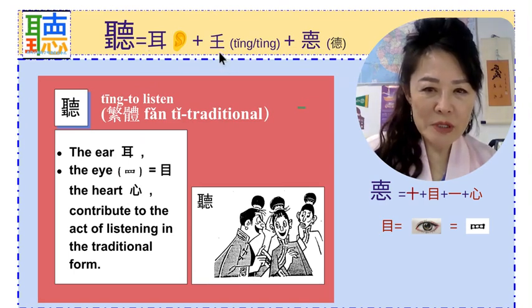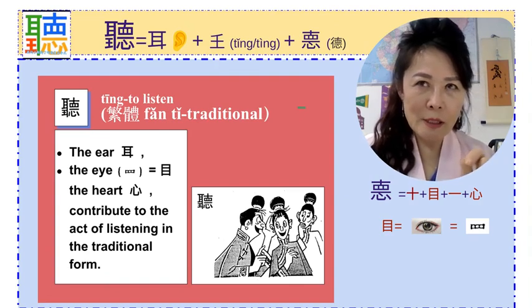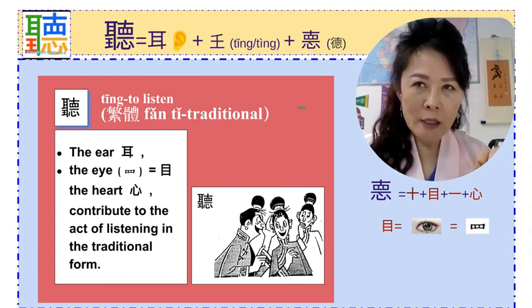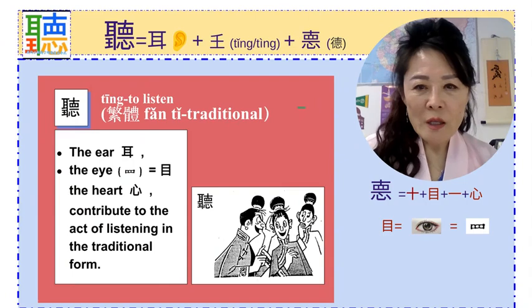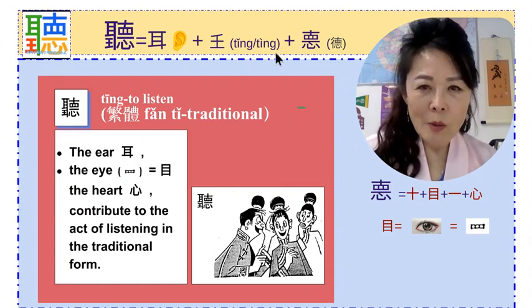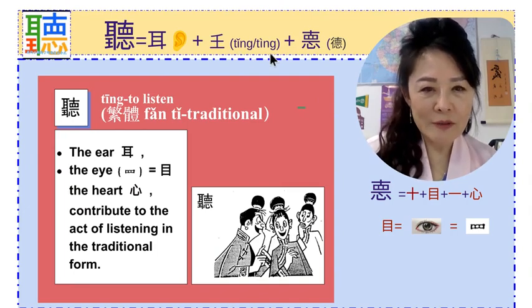But in the contemporary sense, sometimes it's written like a 王, like a slanted 王. It looks like the word king, but it's going kind of sideways, right? Traditionally, actually, it's 廷 or 壬 to give the sound of ting.